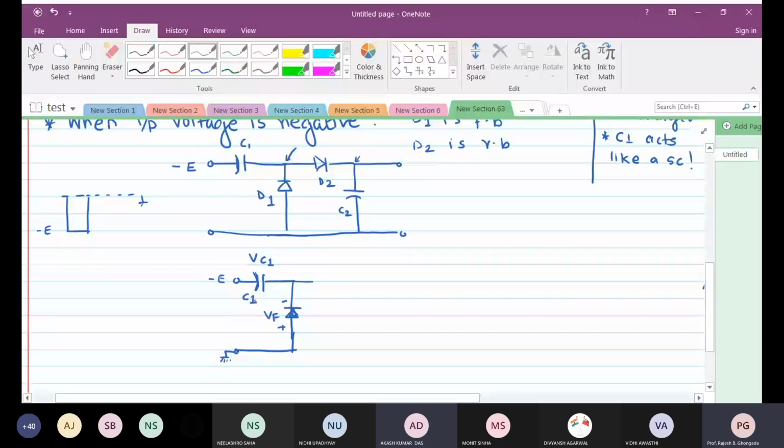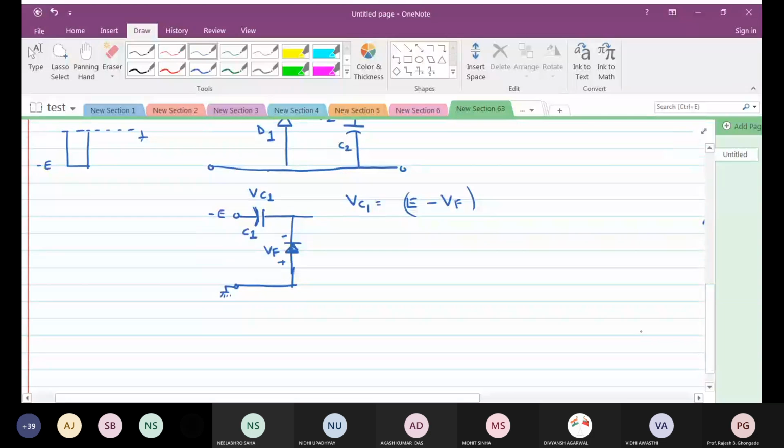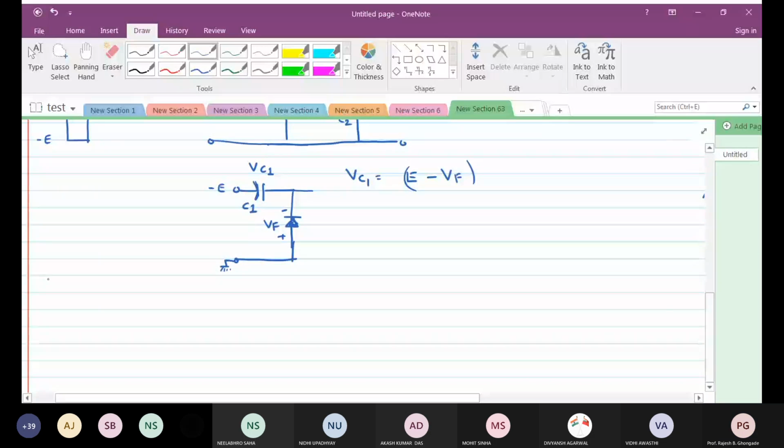E minus Vf. Very good. So the voltage across capacitor C1 is going to be E minus Vf. Just remember that.